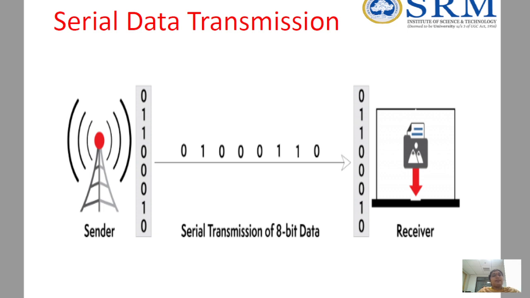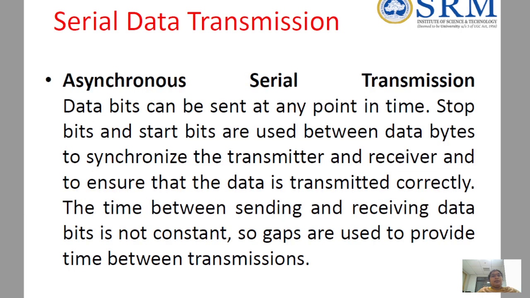The 0 will be the first bit to be received and 1 is the second bit to be received. So this is the serial data transmission. It takes 8 clock pulses to reach the receiver. Since there are 8 bits to travel from sender to receiver, it takes 8 clock pulses.